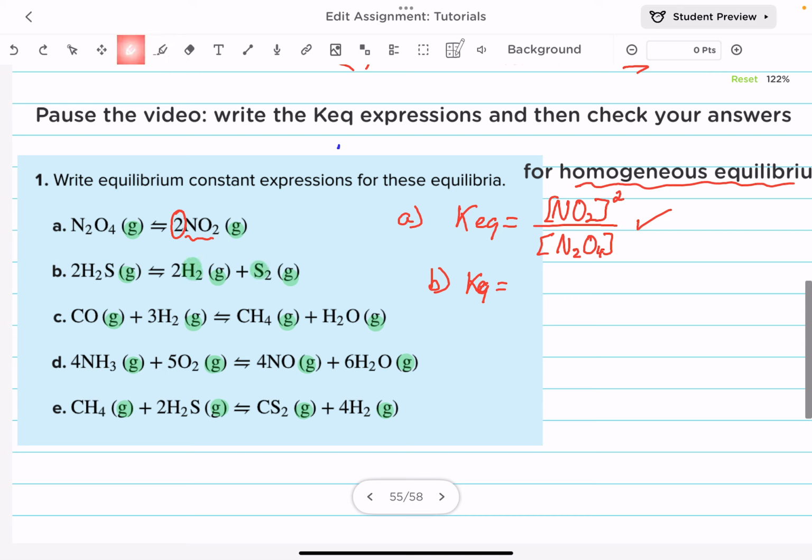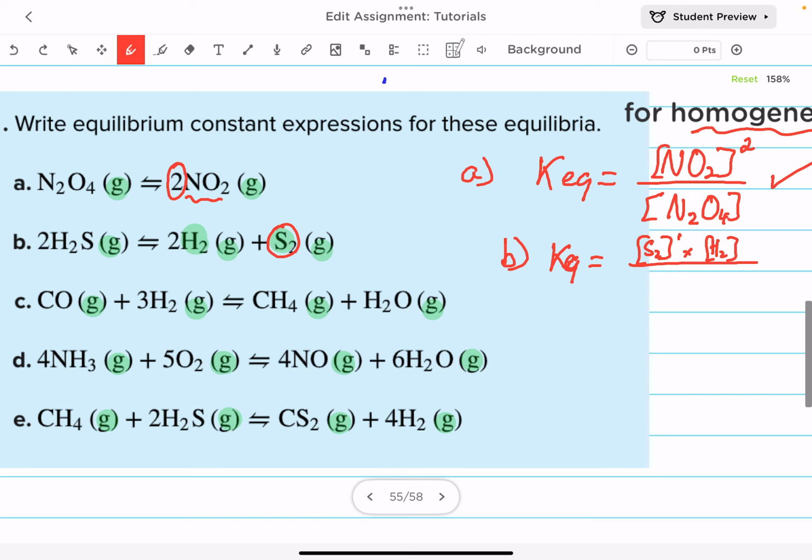Here we have 2 products, so it's going to be the concentration of S2 multiplied by the concentration of H2. S2 I only have 1, so it's raised to the power of 1, and H2 is raised to the power of 2, divided by the concentration of H2S. Here's the reactant full formula, H2S to the power of 2.